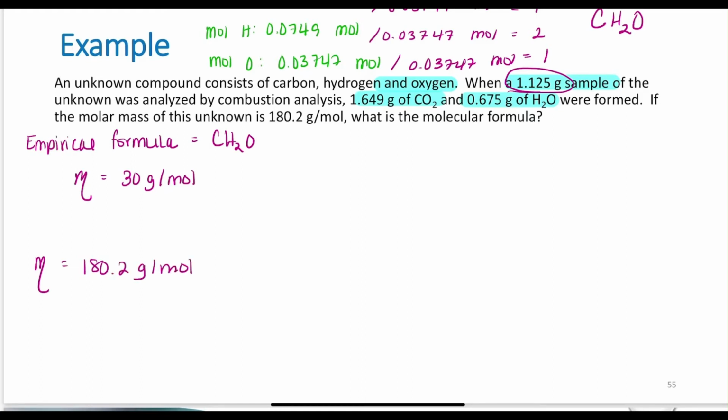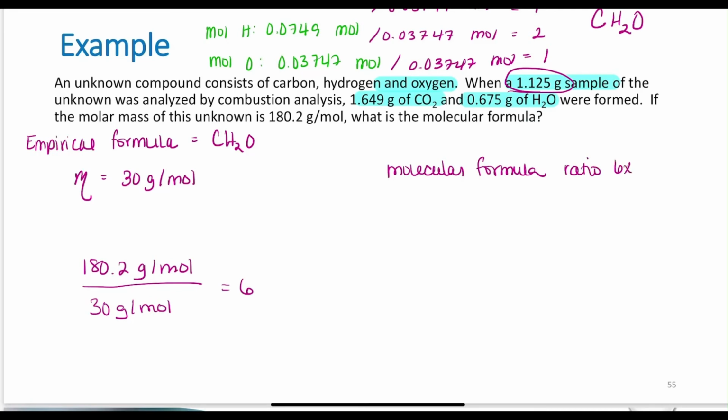If I take 180.2 grams per mole and divide that by 30 grams per mole, I get a ratio of 6. What that means is that the molecular formula has a ratio 6 times greater than the empirical formula.